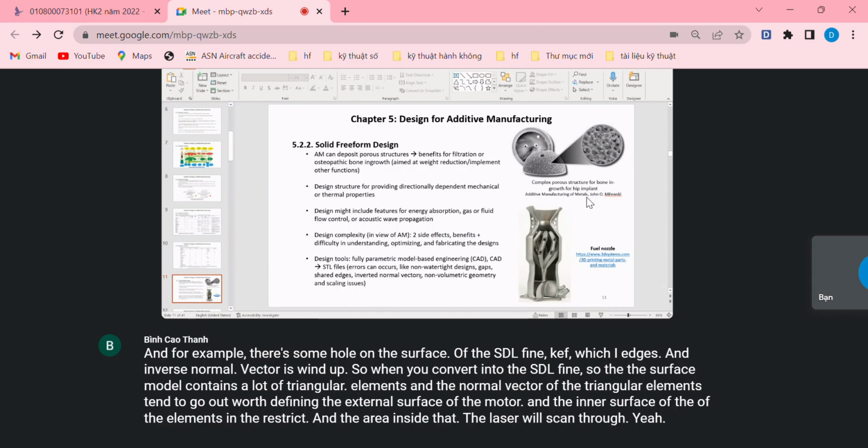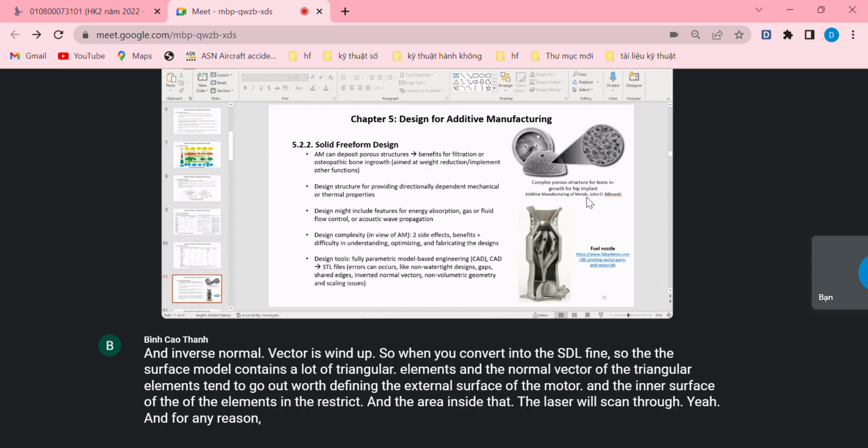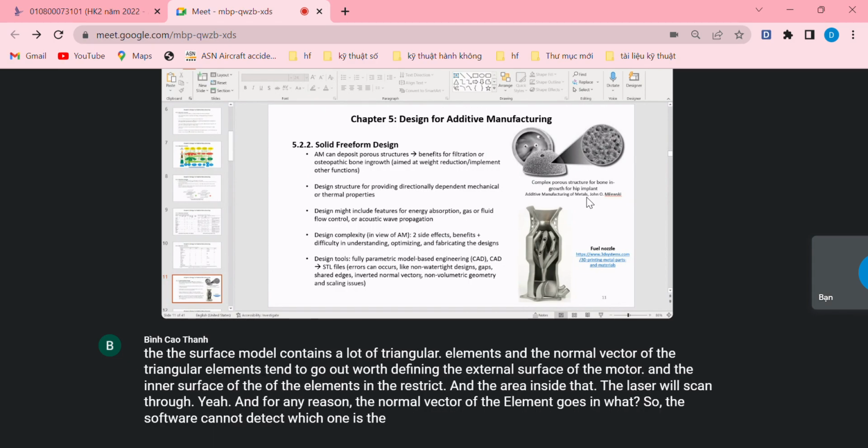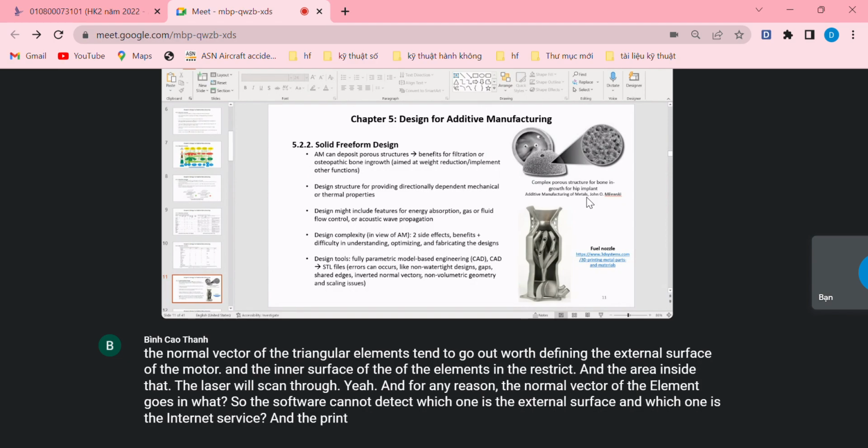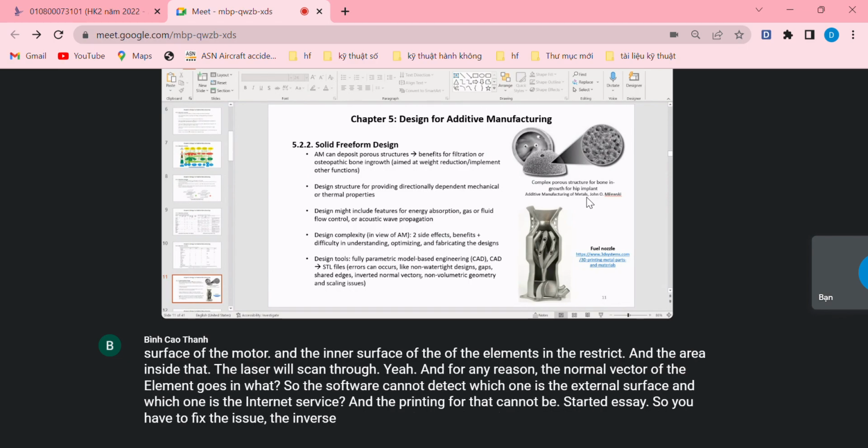For any reason, if the normal vector of an element goes inward, the software cannot detect which is the external surface and which is the internal surface, and the printing process cannot be started. So you have to fix the inverted normal vector issue before you can print out the model.